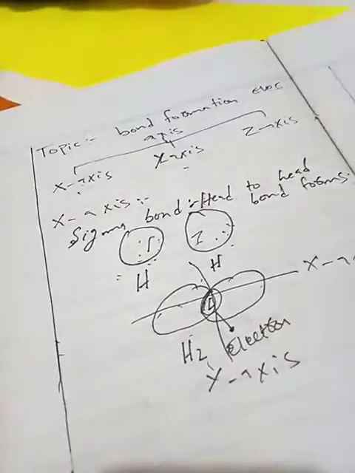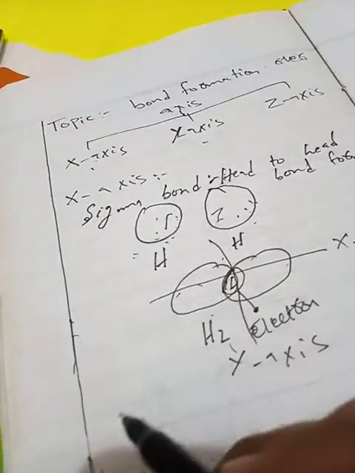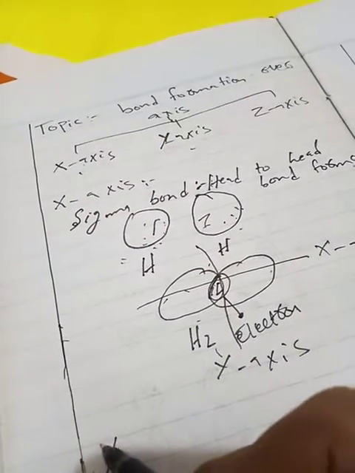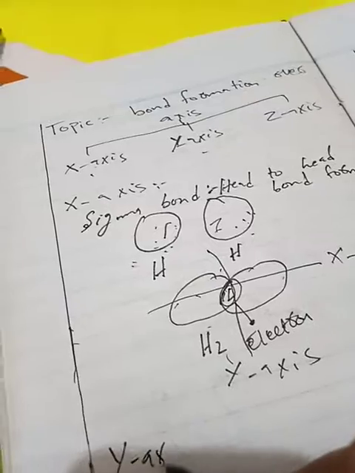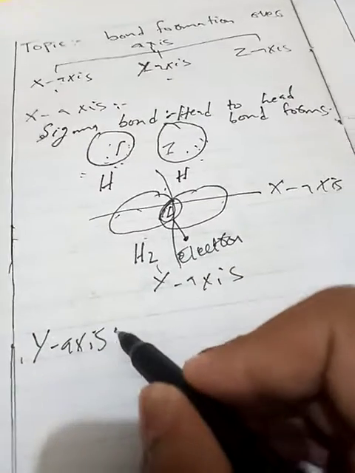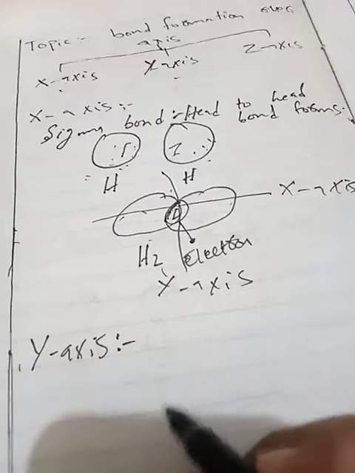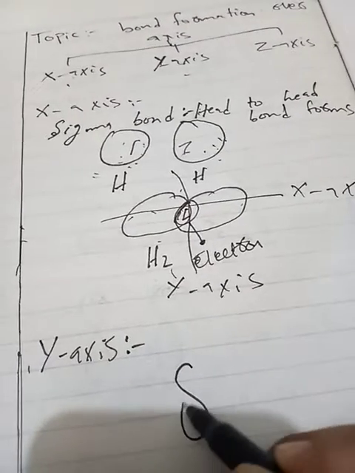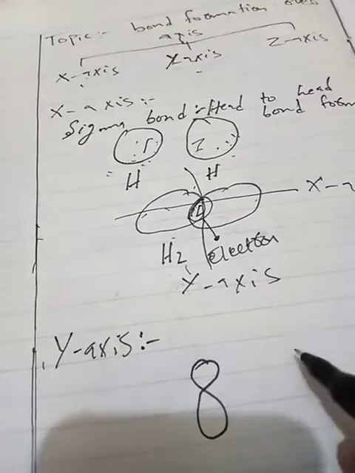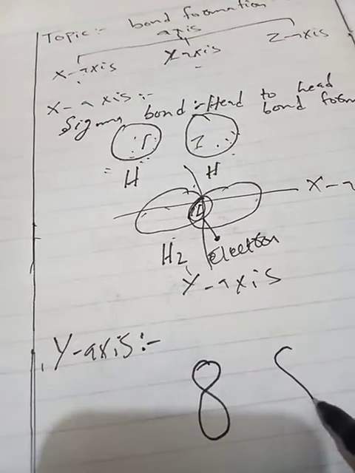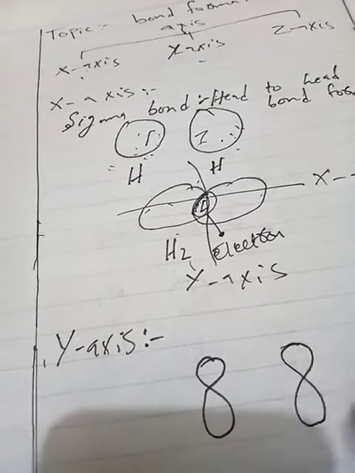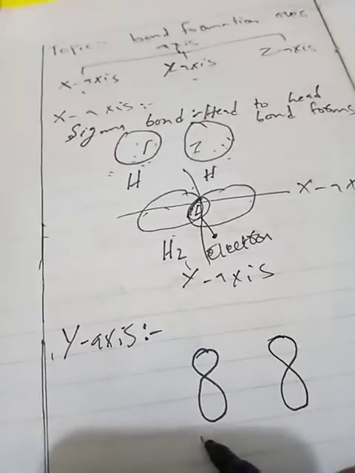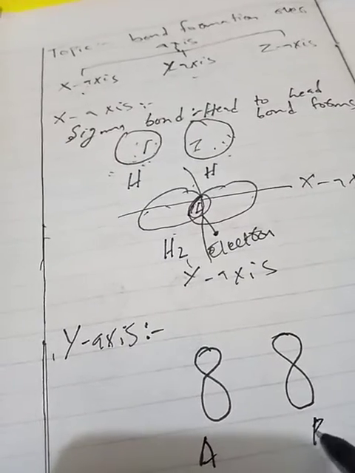Here we got another type of bond, which is over a y-axis. So let's look at the example of a y-axis bond. Here we have the y-axis. For example, here we have a p orbital, and here we also have a p orbital. Suppose this is a and this is b.